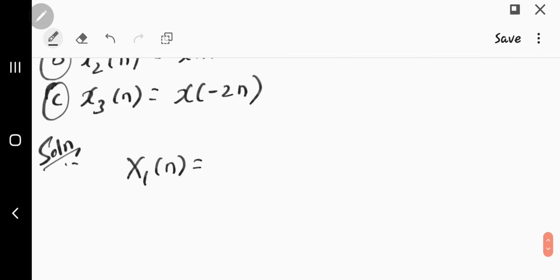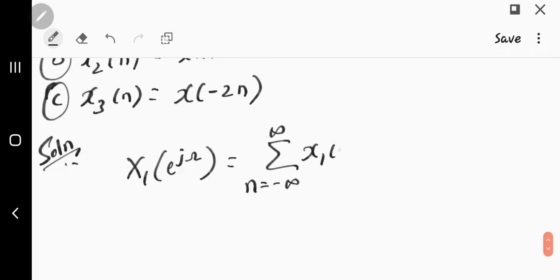X1 of e power j omega is equal to summation n is equal to minus infinity to plus infinity x1 of n e power minus j omega n.